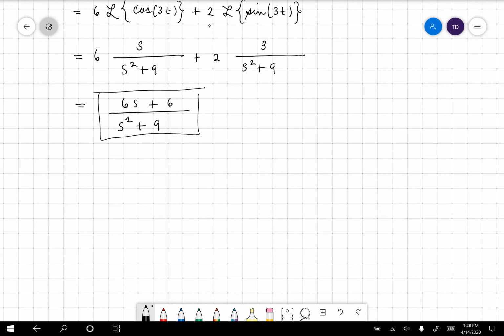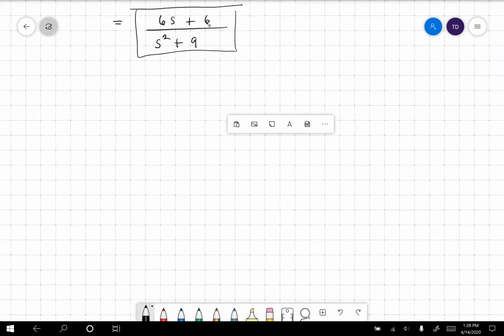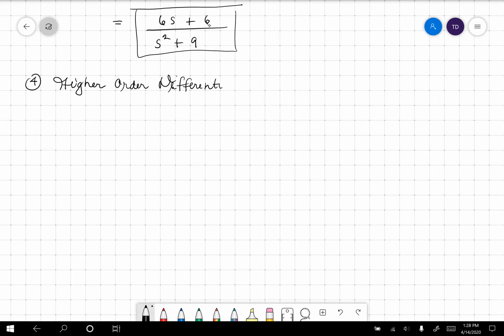Now, we can look at higher order differentiations, and I don't want to go too far on you with higher order differentiations, but let's at least take a look at how we might do this. Higher order differentiation in the time domain.